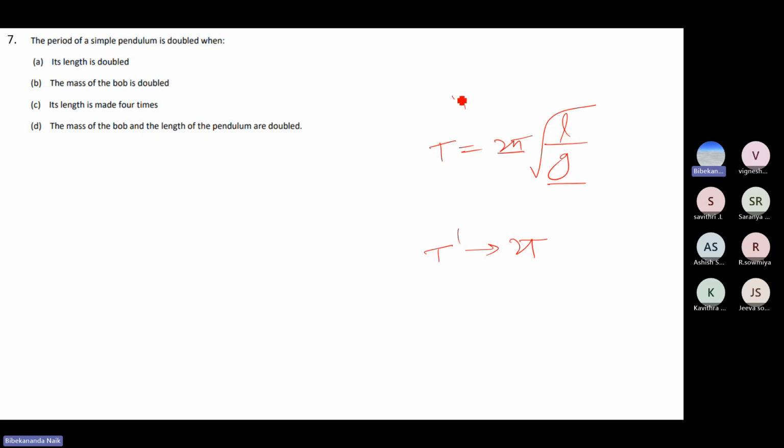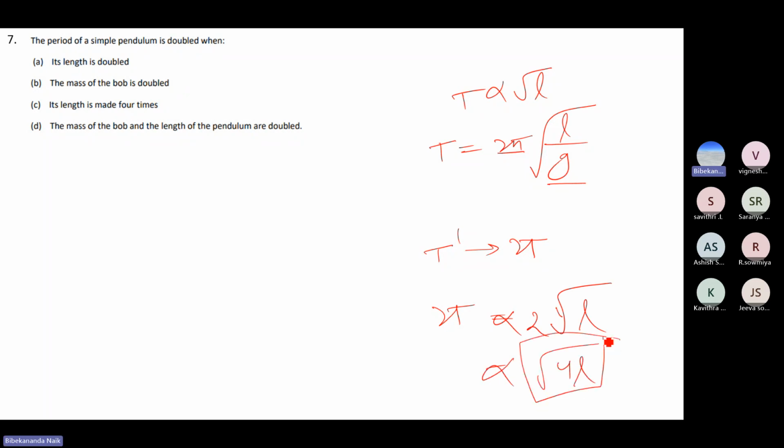Since T is directly proportional to root L, 2T will be directly proportional to 2 into root L, is it not? So it will be directly proportional to root of 4L. So when the length is increased 4 times, the time period of the pendulum will be doubled, or 2 times.